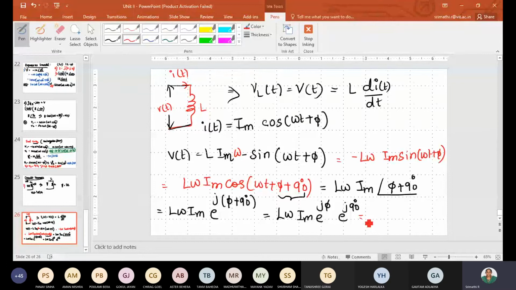So it is j L omega Im e power j phi. Im e power j phi can be written as Im angle phi, and this Im angle phi can be written as capital I in phasor. So in phasor form, V can be written as j L omega I.